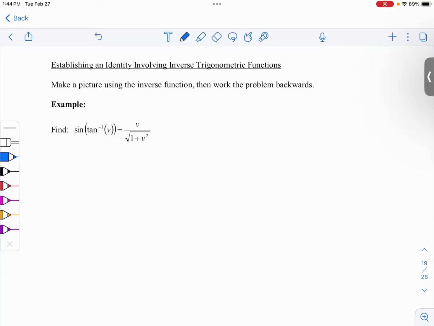So remember what an inverse is. Tan inverse of V, right? It's its own function, but it always actually relates back to the angle.